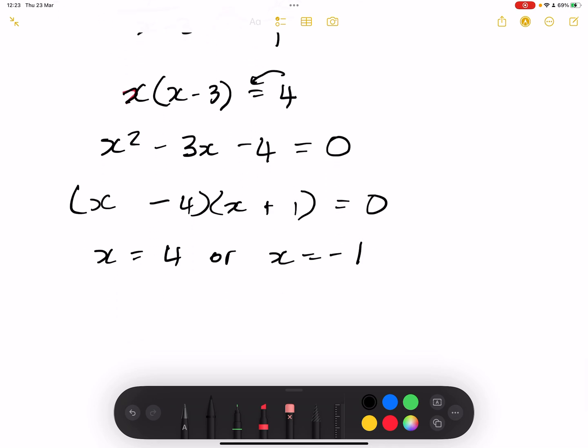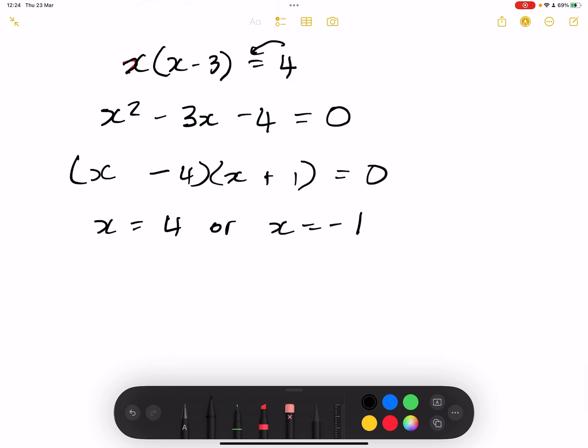So the graphs are going to intersect where x is 4 and where x is equal to -1. Now the corresponding y values, you can take either one of the two graphs. I'm going to take the straight line, so y is equal to x plus 2. So in this case, I'm going to substitute both the values there.